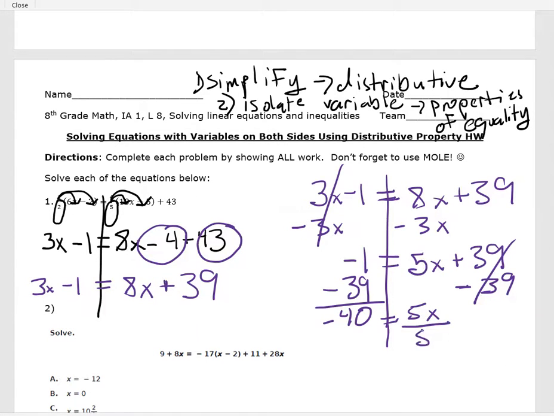And now I have something that looks a little bit like what we worked on in 6th and 7th grade. I divide both sides by 5. All right, and I'm left with x is equal to, and then 5 goes into 40, 8 times, -8. So I have x is equal to -8 as my answer here.